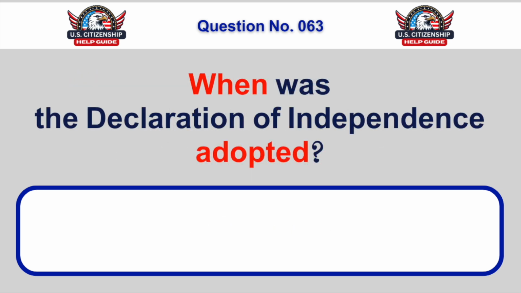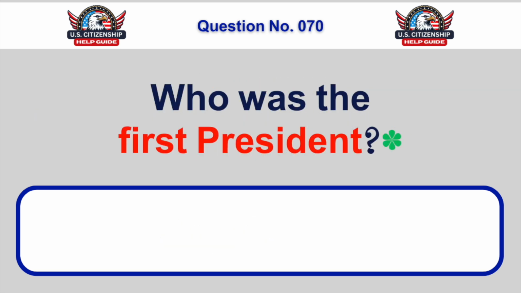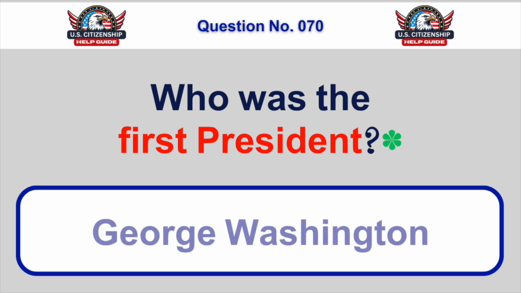When was the Declaration of Independence adopted? July 4, 1776. Who was the first president? George Washington.